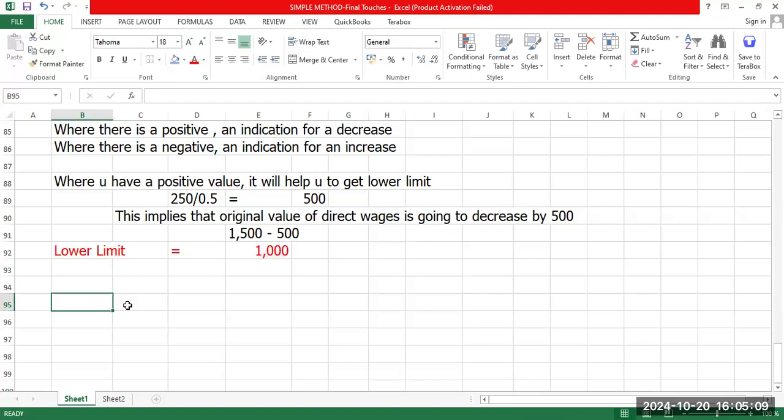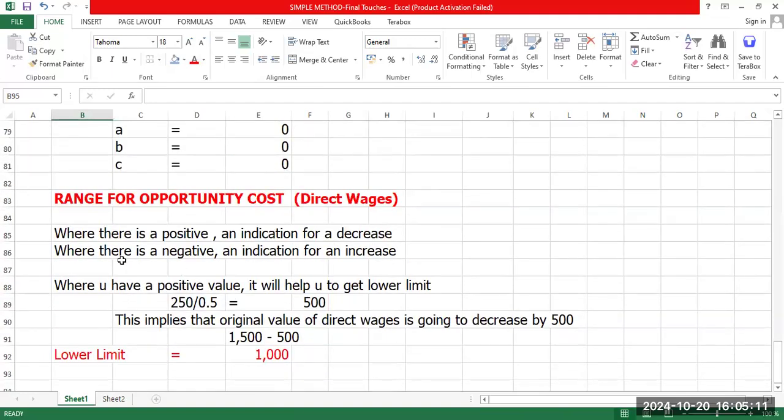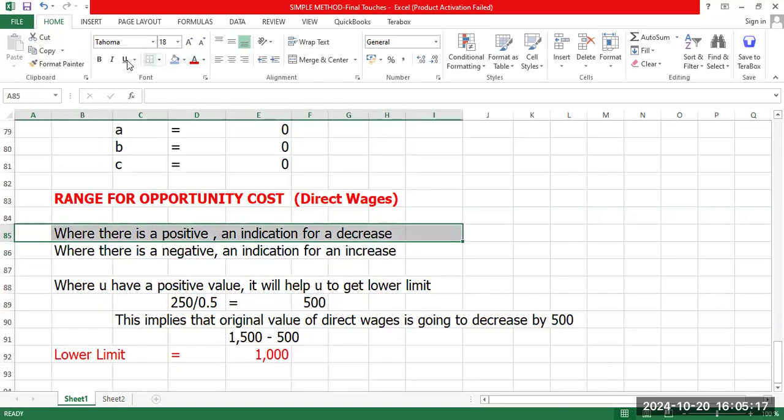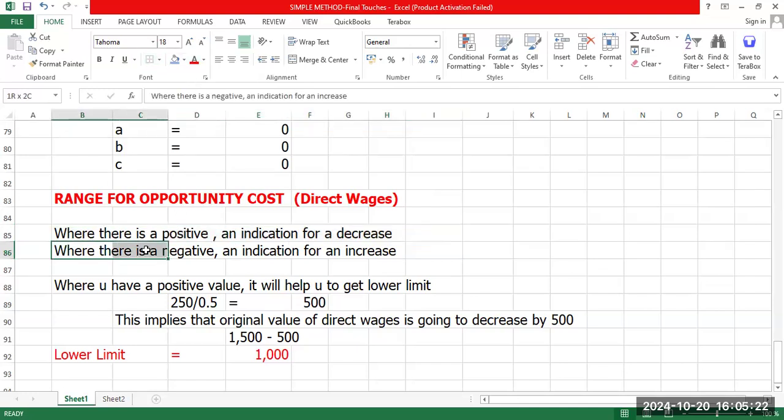What about the upper limit? You are going to get the upper limit from this condition because we are done with this one. Where there is a negative, it's an indication for an increase.